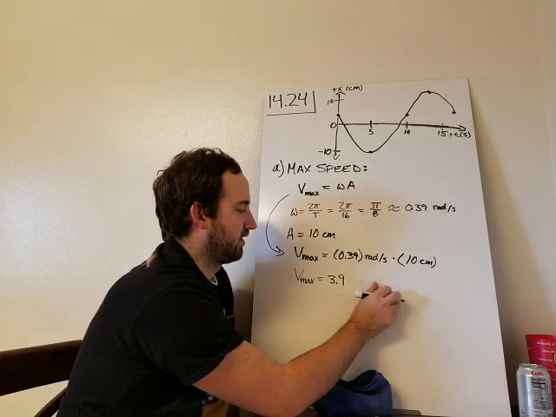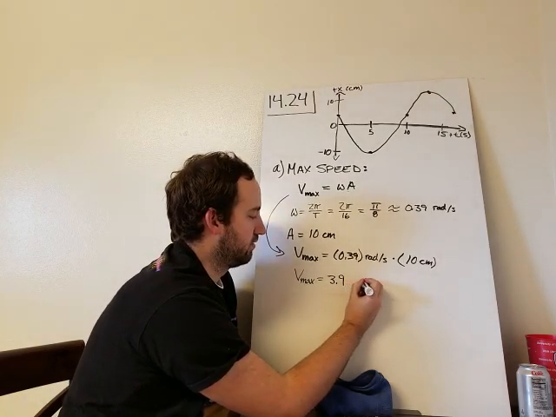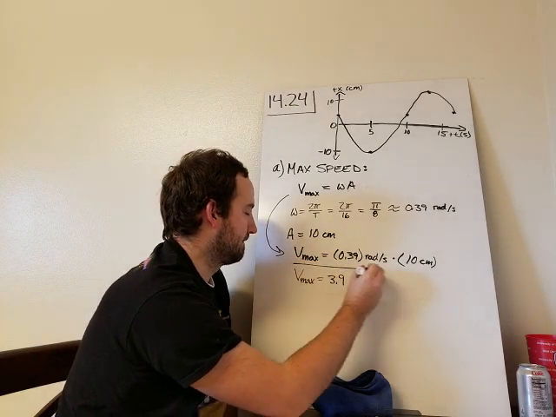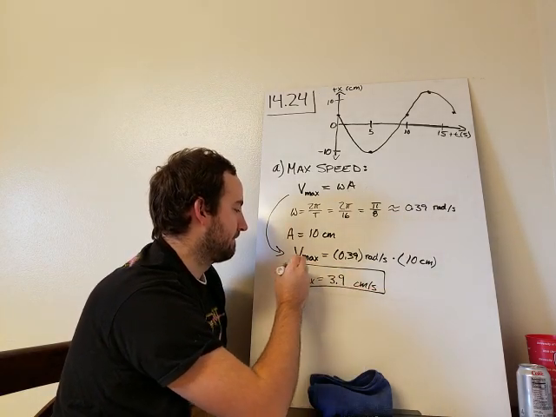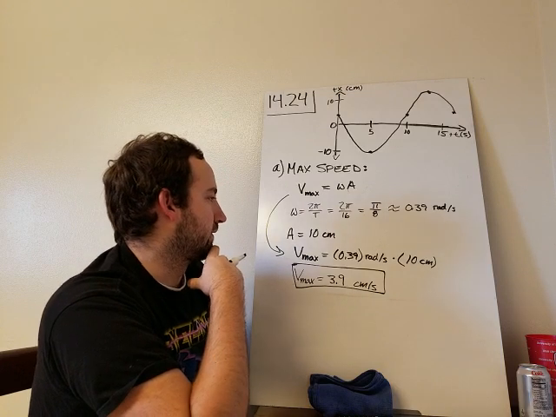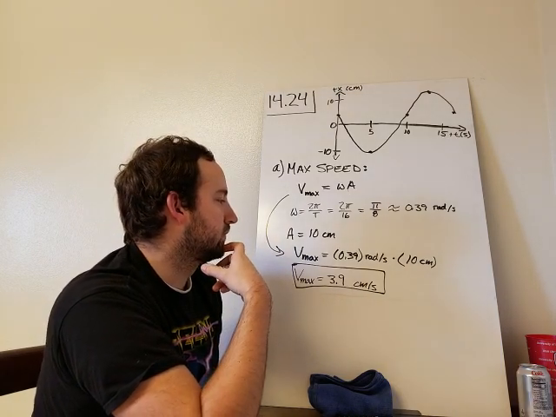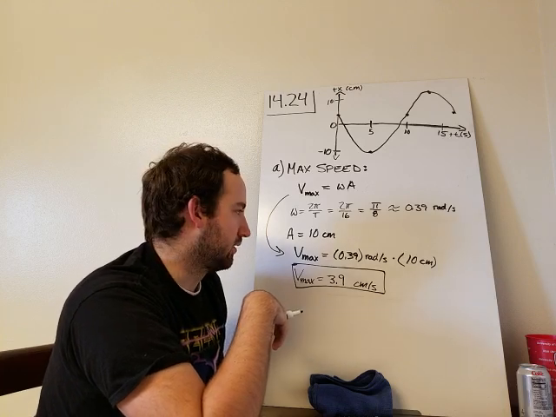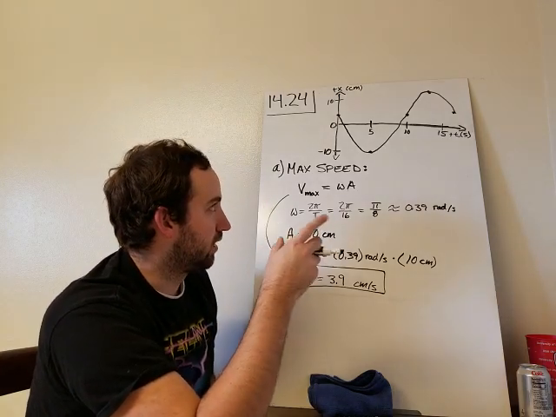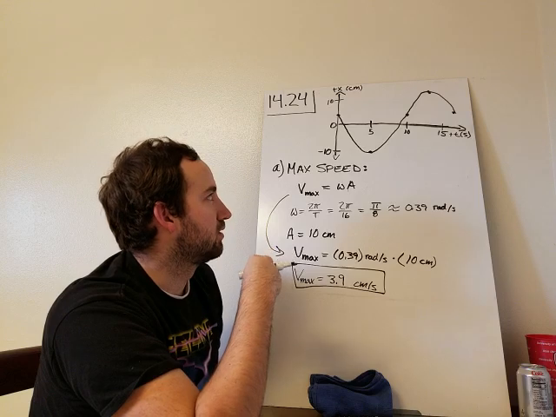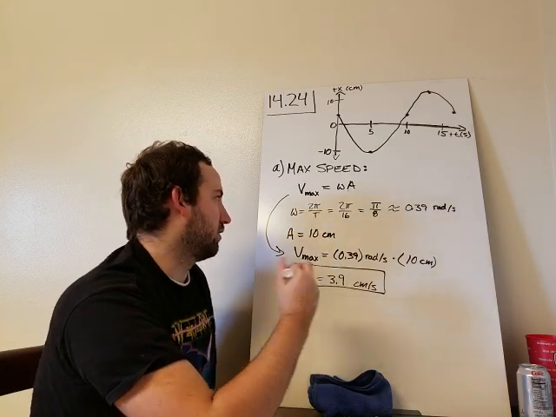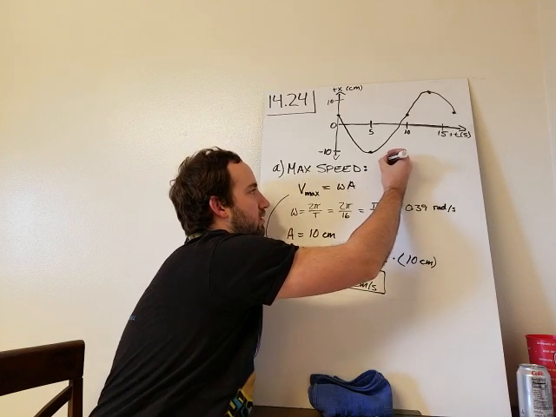It's not meters per second, it's centimeters per second. So that's our maximum velocity of this particle that's going through this rhythmic function. So I'll write that up here.